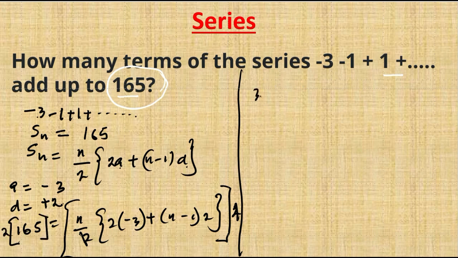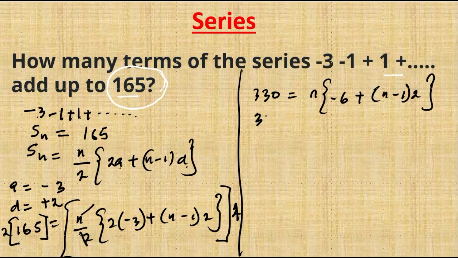Then I'll multiply this side also by 2. Invariably, I'll have 330 equals n, which is outside here, into 2 times -3, that's -6, plus n minus 1 into 2. Then I'll close my bracket.